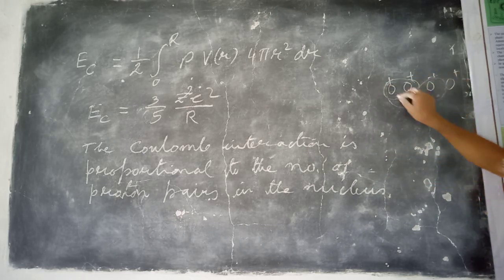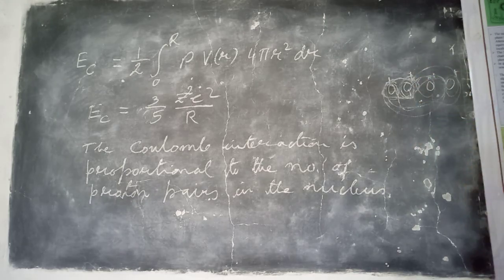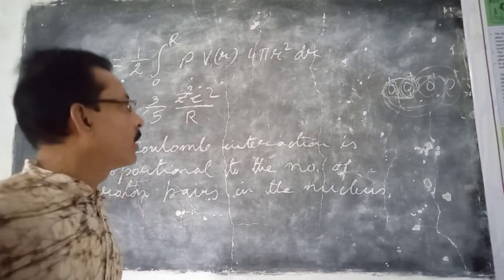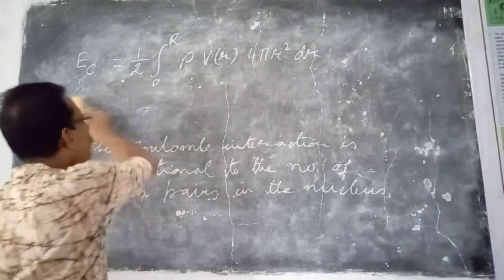This one and this, or this and this. So suppose Z number of protons are there. Taking two together, what will be the number of pairs?